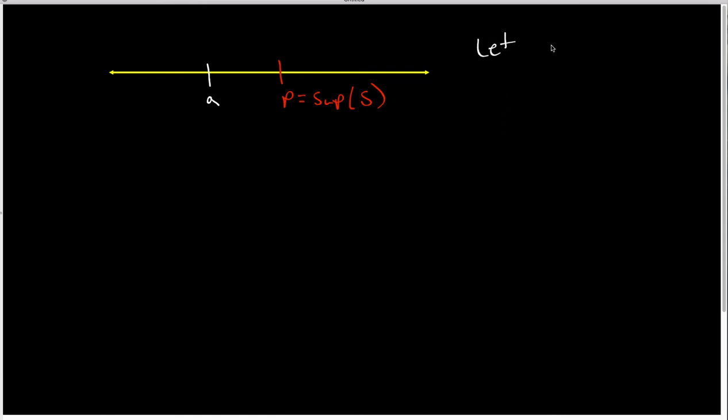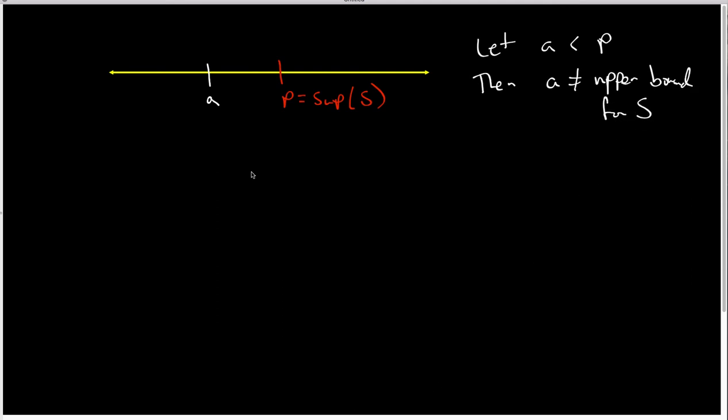I'm going to let A be some number that is less than P. Now, if P is the sup of S, this tells me that A is not an upper bound for my set S.